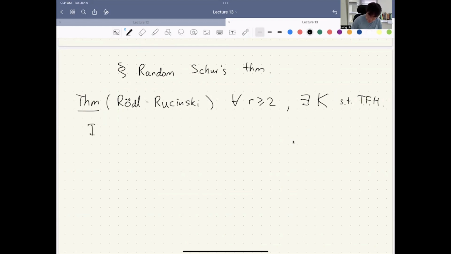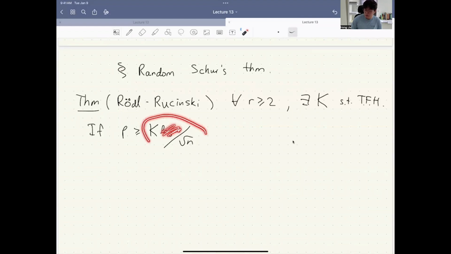If p is at least K log n over square root n, again, this is tight up to the log n factor. The threshold is roughly 1 over square root n. But this time, the proof of this is not so easy, so let me skip it. We want to prove that when you're above this threshold, with an additional log n factor, we have that G(n,p) arrows K3 with r colors.